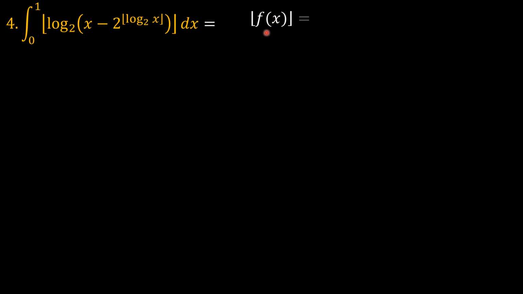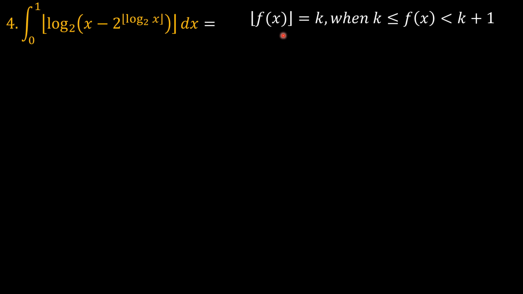So the floor of the function f(x) is equal to k when f(x) is greater than or equal to k and less than k plus 1. So it is that function that extracts the integer portion of a function, and it takes out the integer less than a function.